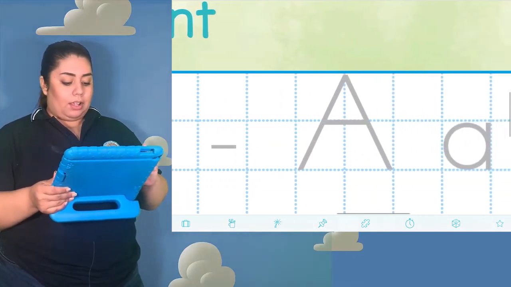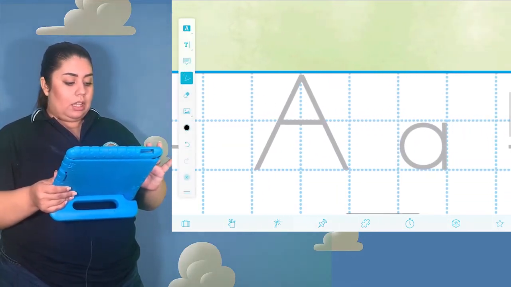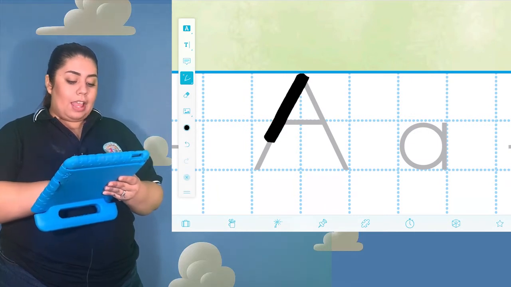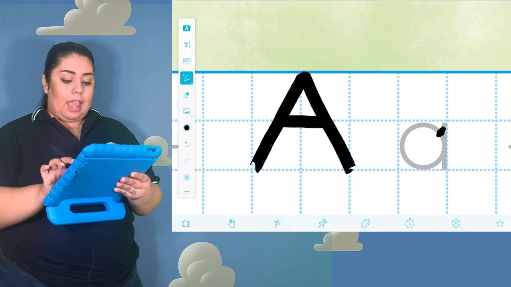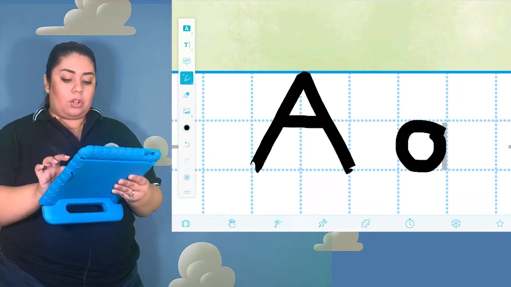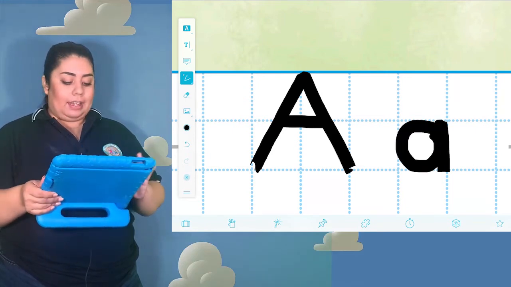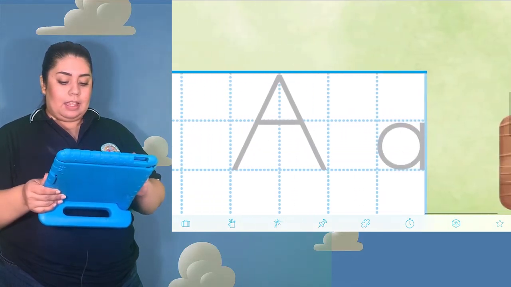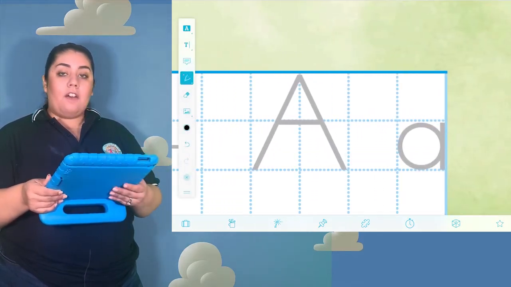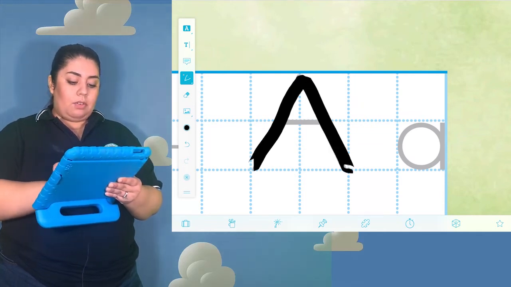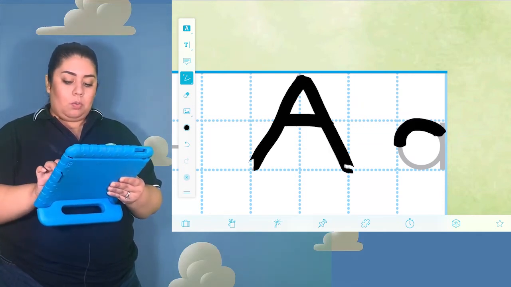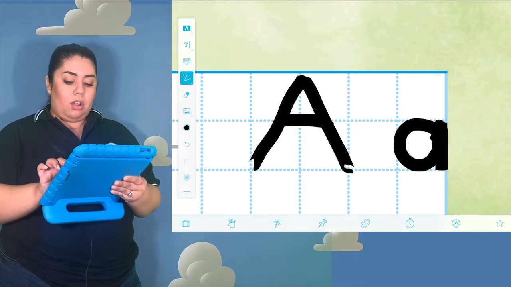Move on with the next one. In 4 squares, I do the capital like this, and then in 1 square, circle and line. And the last one of the first row, go down, down, middle, 1 square, circle, line.